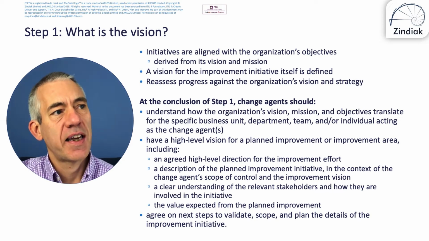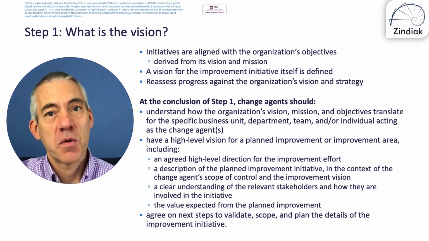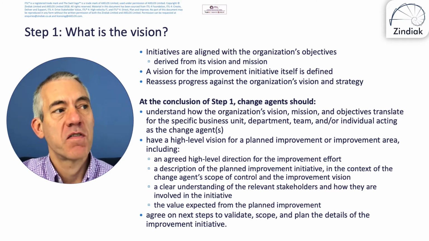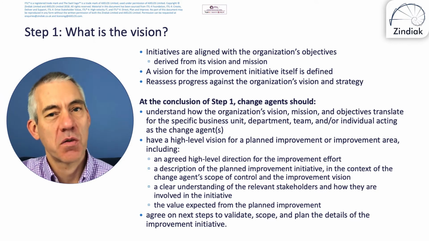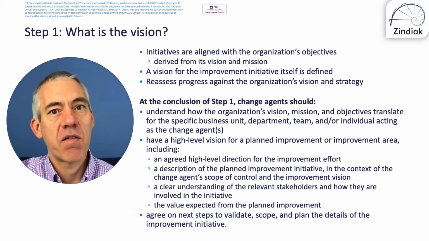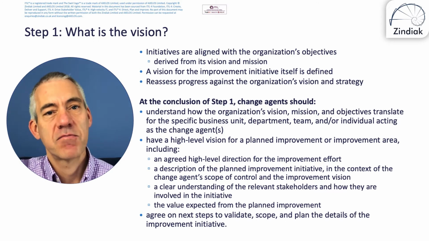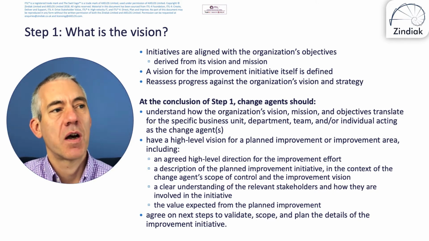And it's really linking with that, and as we go around the loop several times, so as we do iterative and incremental improvements over time, we'll reassess progress against the organisation's vision and strategy. So typically the organisation's vision doesn't change frequently. We might tweak it here and there, and obviously as we get closer to it we might change it so it's further into the future, but generally visions tend to be fairly static over a long period of time, but we need to assess against that.